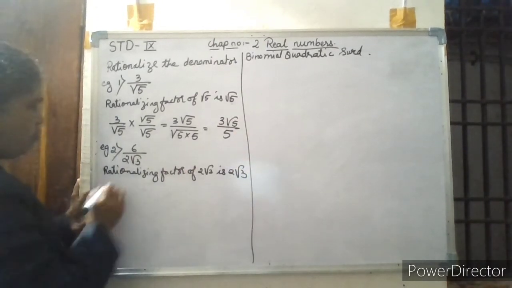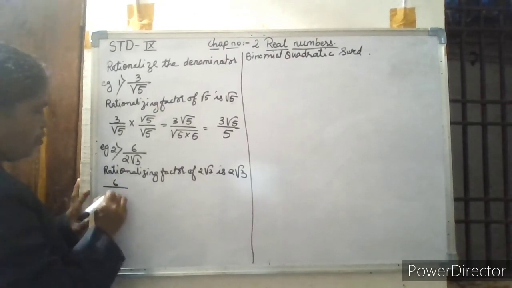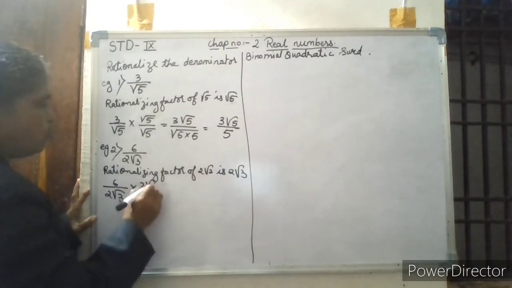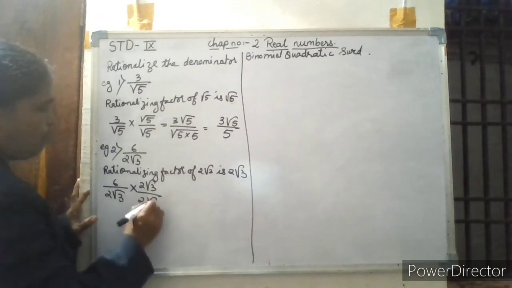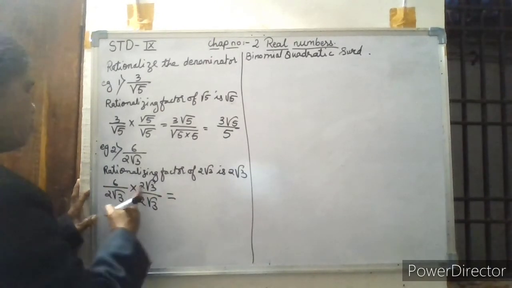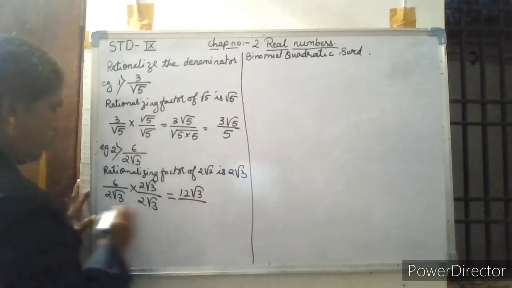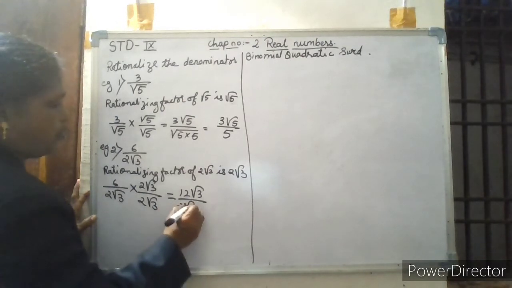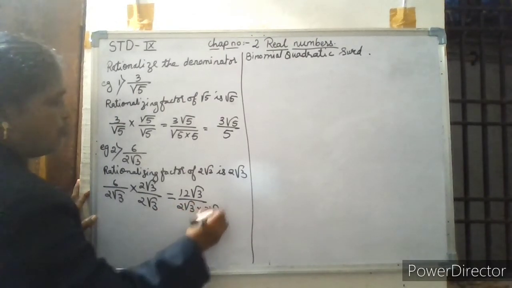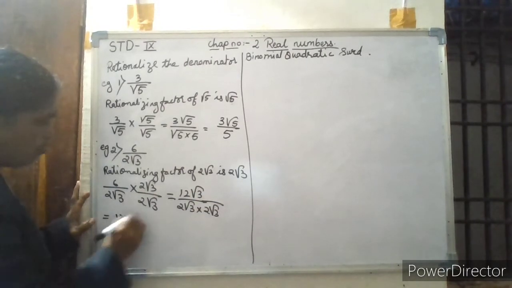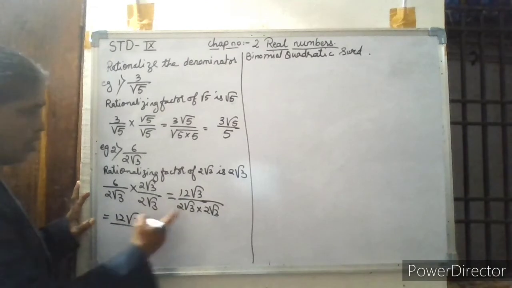So we get 6 upon 2 root of 3 multiplied by the rationalizing factor 2 root of 3 upon 2 root of 3. This is equal to 6 twos are 12, 12 root of 3 upon 2 root of 3 into 2 root of 3. Multiply it. So this is equal to 12 root of 3 upon, 2 twos are 4.